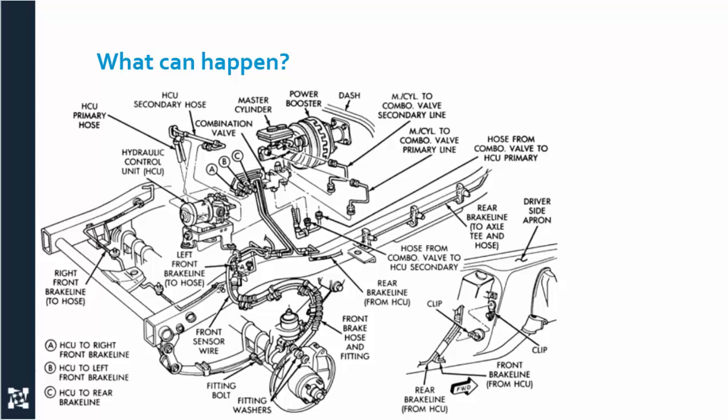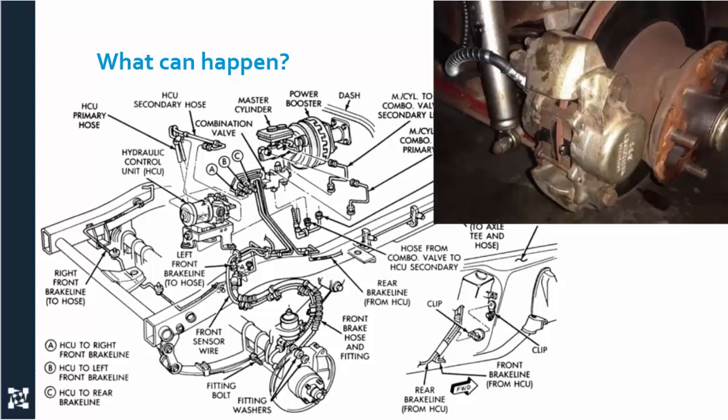So this is a diagrammatic view of a typical, simplistic braking system, right? We have a power booster up on the top center leading through the system, and eventually you have lines leading down to the individual wheels so that you can actually, for example, in the case of a disc brake, squeeze the caliper and cause the vehicle to slow down.